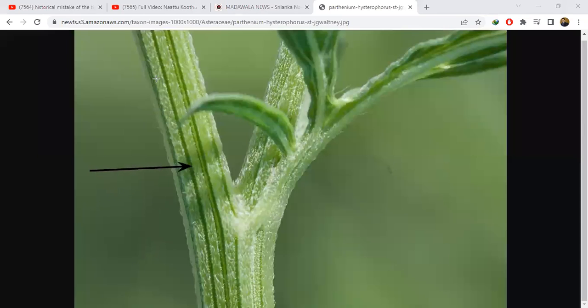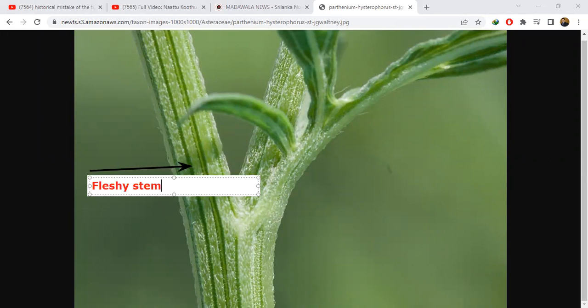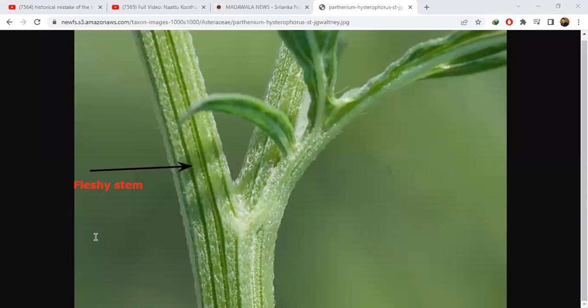You can squeeze this fleshy stem with your fingers. Non-woody plants have a fleshy stem.